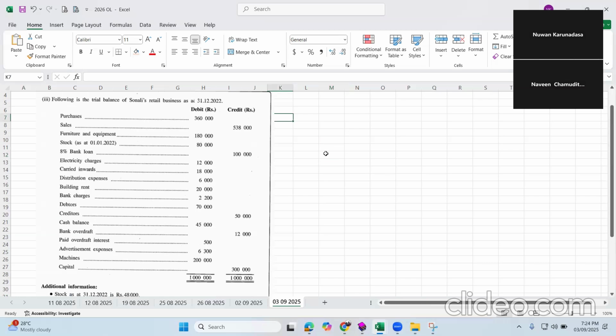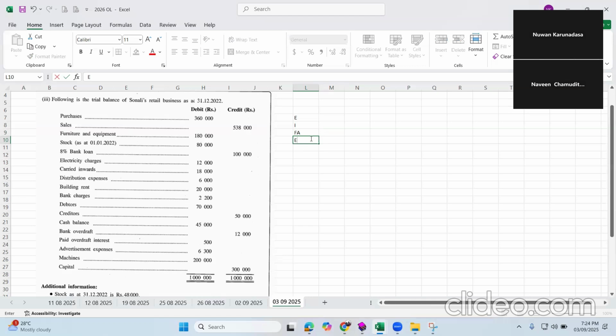Purchases is an expense to the income statement. Sales is income to the income statement. Furniture and equipment is a fixed asset to the statement of financial position. Stock we will take to the income statement as the opening balance.